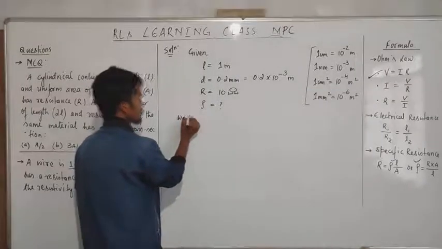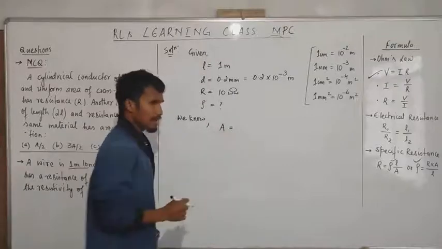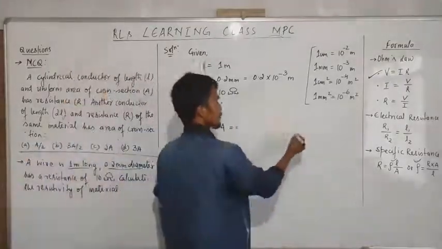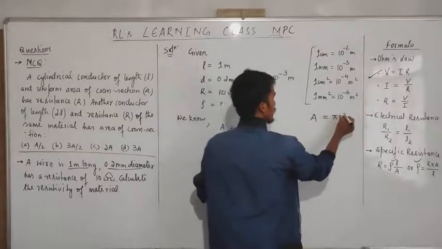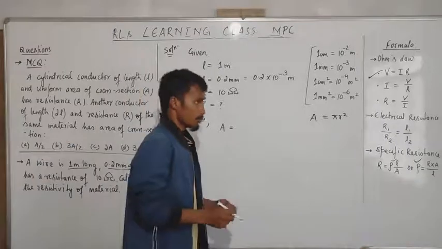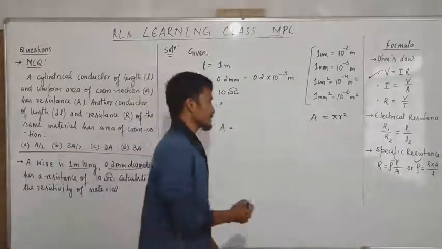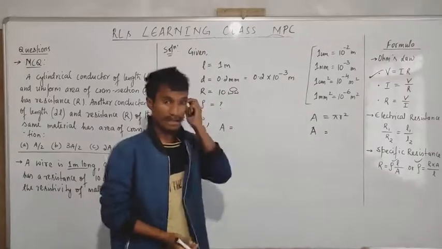Remember this formula if you do know the area formulas. You have learned that the area of a circle is equal to pi r square. But there is also a formula like this, the same area of a circle but in terms of diameter.